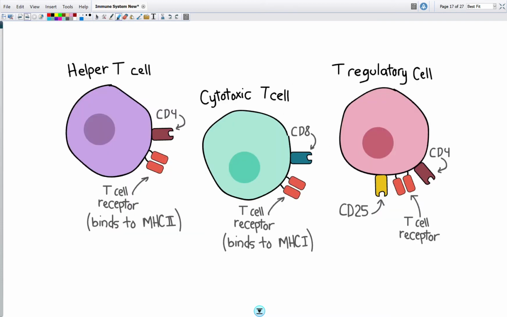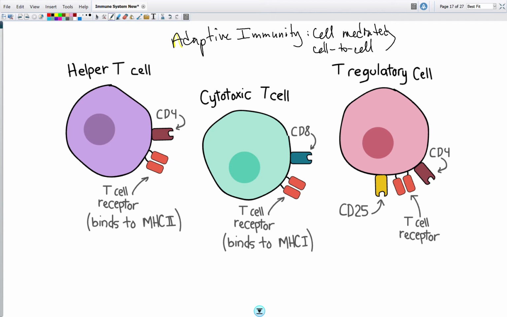So to summarize, this is adaptive immunity, called cell-mediated or cell-to-cell immunity.